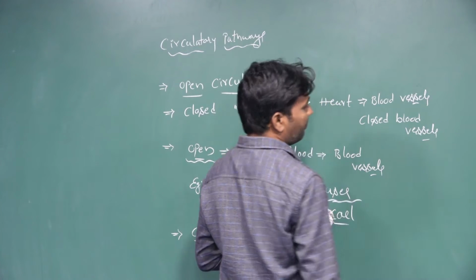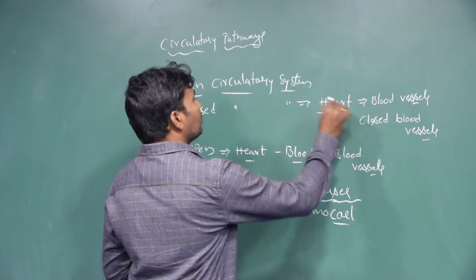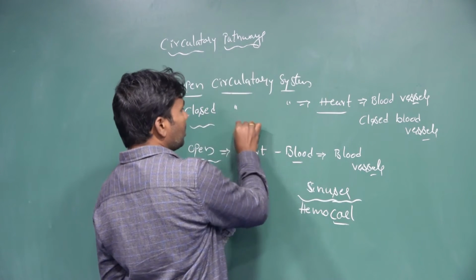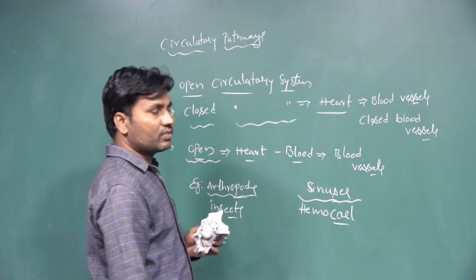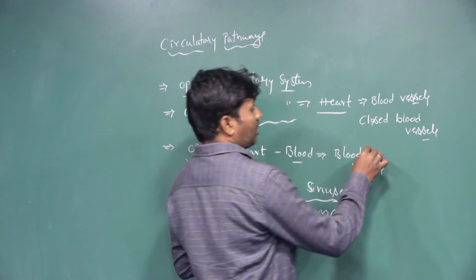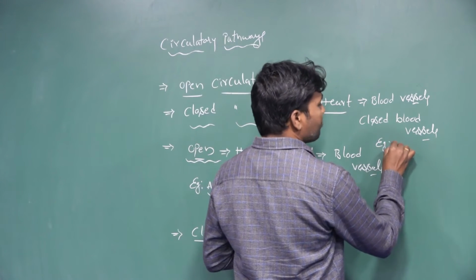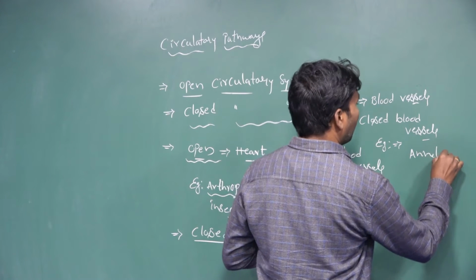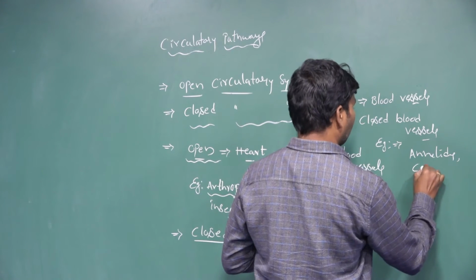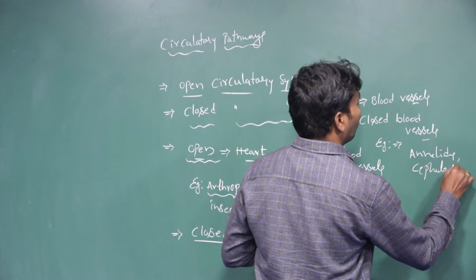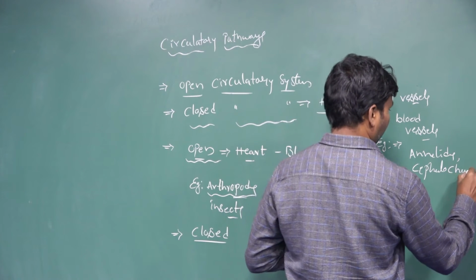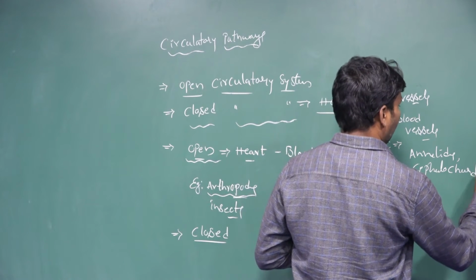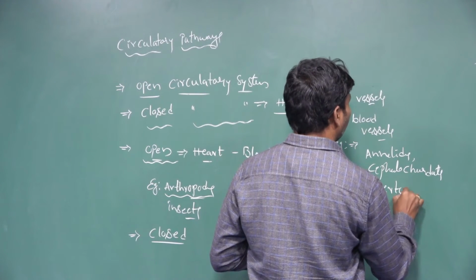This type of circulation is called closed circulation. For example, this type of circulation appears in annelids, cephalochordates and vertebrates.